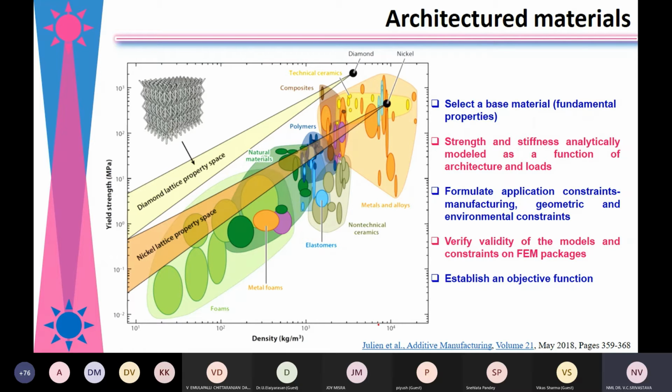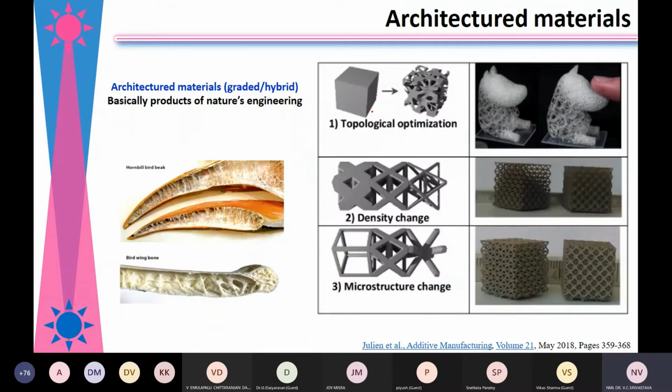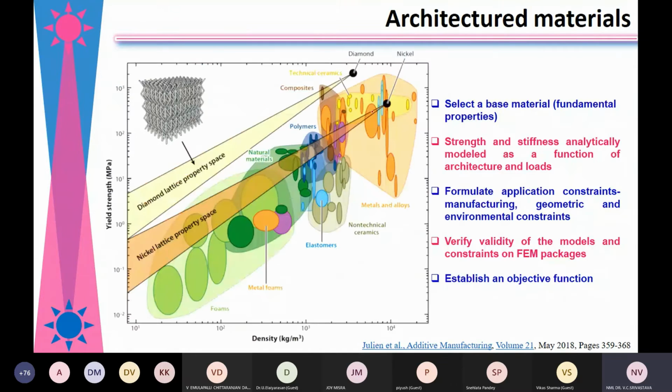Now, if you want to reduce the density, what can you do? You can play with the structures, as I talked about, topological structures, or density changes, or microstructural changes, and you can end up with a material in this region with low density. But here, say this is the area you are going to, and you can have materials in this region. But now with nickel, with this strength, you can have a wide range of properties.